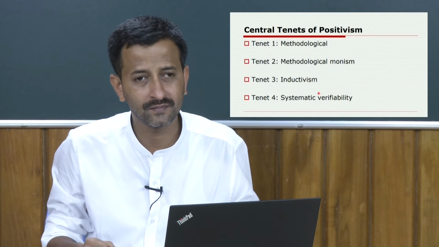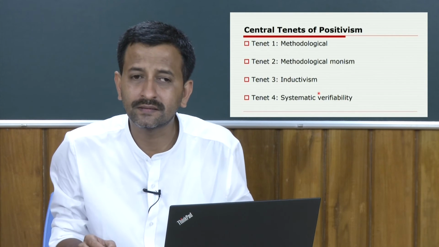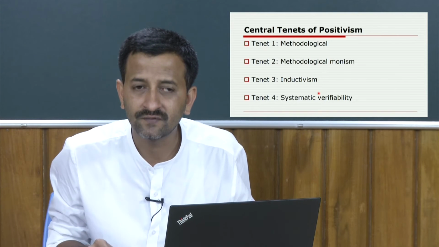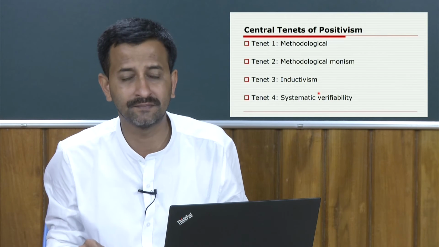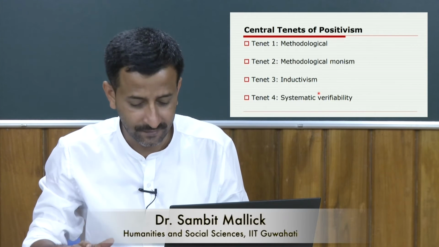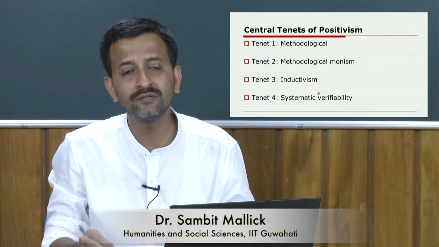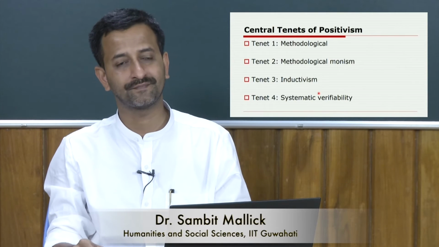When I say methodological, I mean that science, for the proponents of positivism, is distinct from all areas of human activity or creativity because it possesses a method unique to it.